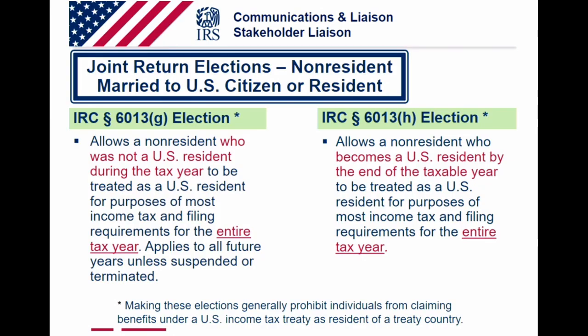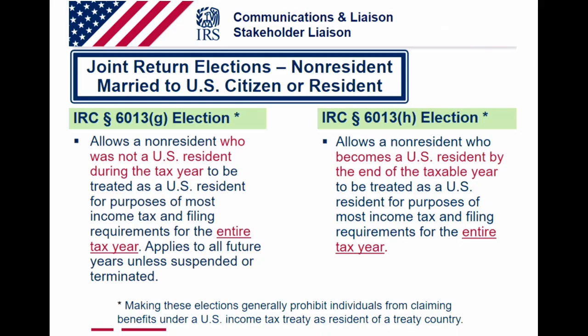Note that this election is different from the first-year election under Section 7701(b)(4) that I discussed earlier, because the worldwide income of the individual making the first-year election is only subject to U.S. taxation for part of the election year, whereas individuals who make the Section 6013(g) election are subject to U.S. taxation for the entire year.